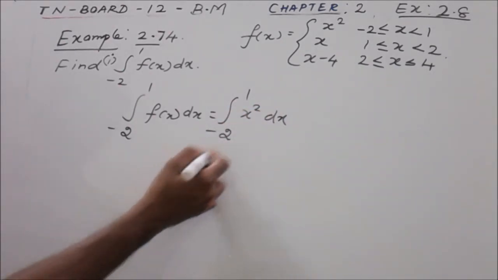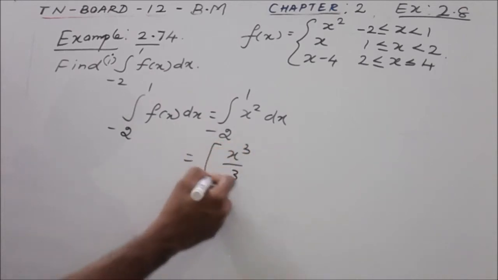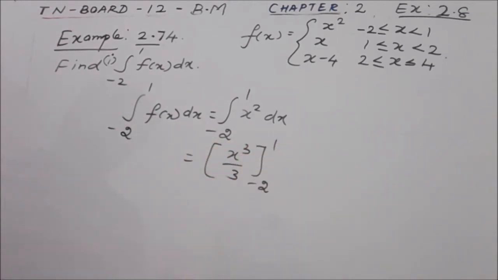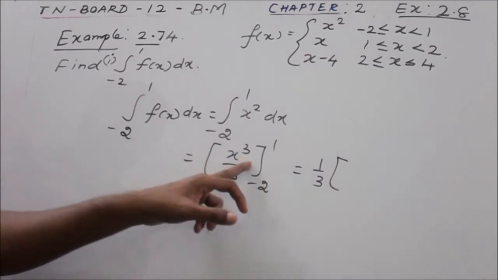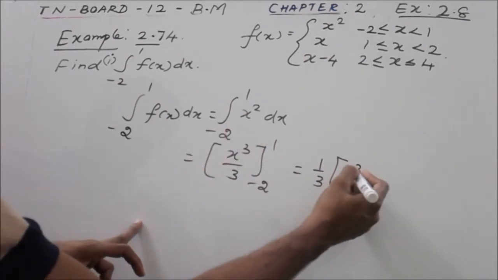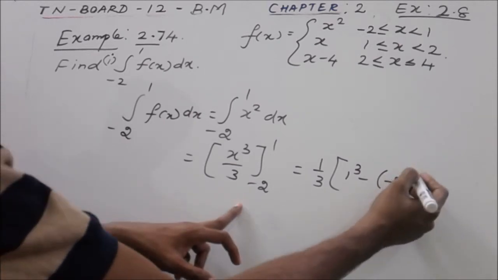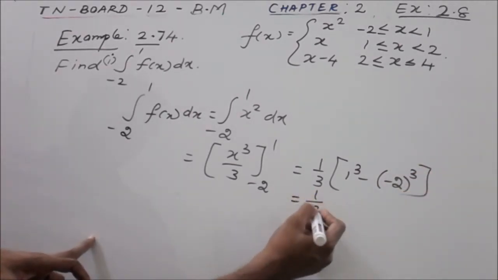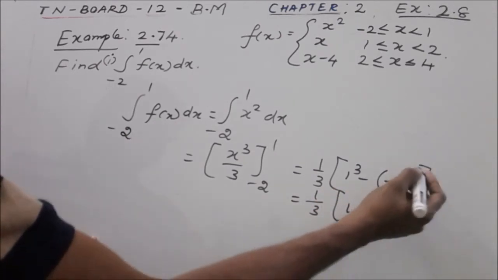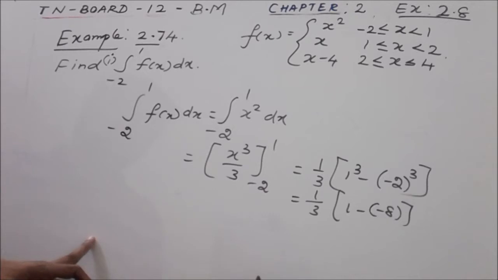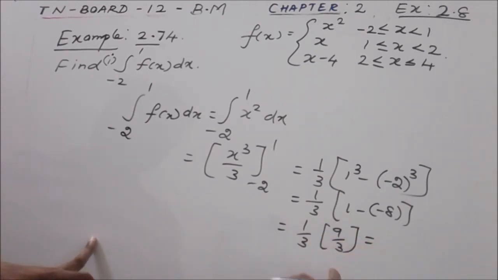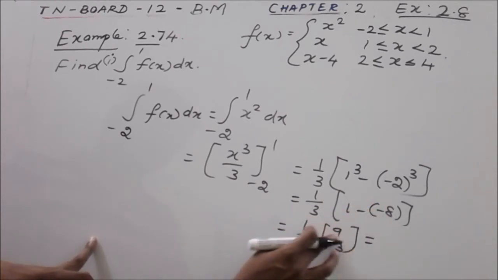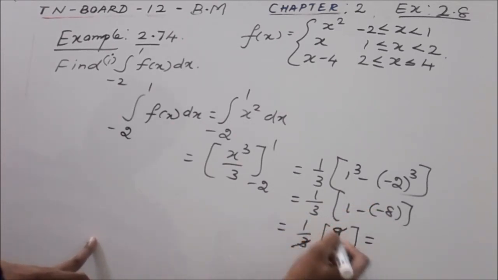Now integrating this, we will have x cube by 3 limit minus 2 to 1, which is equal to 1 by 3 taken out, then x cube, substituting upper limit 1 cube minus lower limit minus 2 cube, that is equal to 1 by 3 into 1 minus minus 8, that is equal to 1 by 3 into 9, cancelling these, equal to 3.